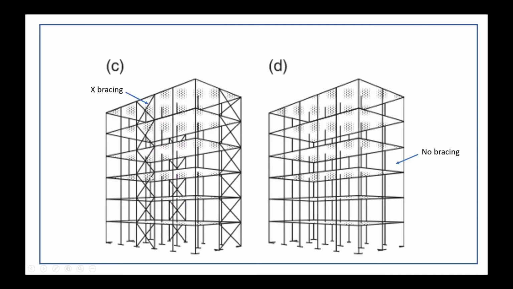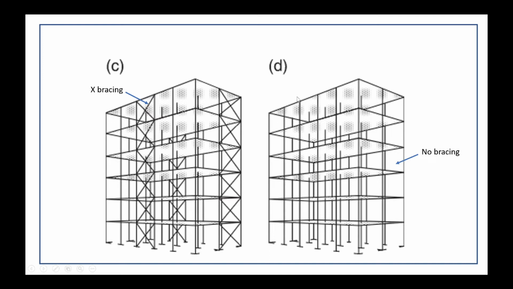This is similar. We do not use a wall or core wall, but we use bracing, for steel structure or for concrete structure. This one has bracing in both directions, and the right-hand structure has no bracing.